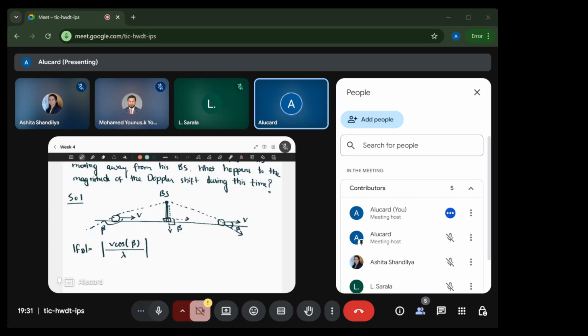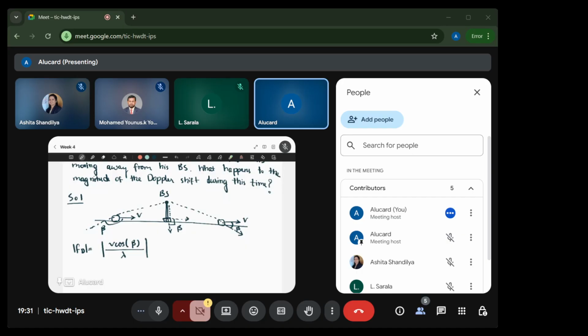We assume he is communicating with the same carrier frequency, and he is moving at a constant speed. So the only thing that's changing, when he moves towards the base station and then away from it, is the angle that the direction of his motion makes with the direction of the radio waves.